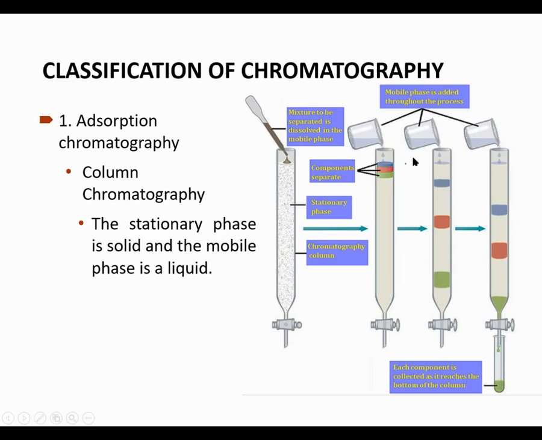As you gradually add more mobile phase, they separate further. Usually the amino acids with a heavier molecular mass will flow out, pulled down by gravity as the mobile phase is constantly added, followed by the average amino acids with average molecular mass, and the lightest will be the last one to go down the column.